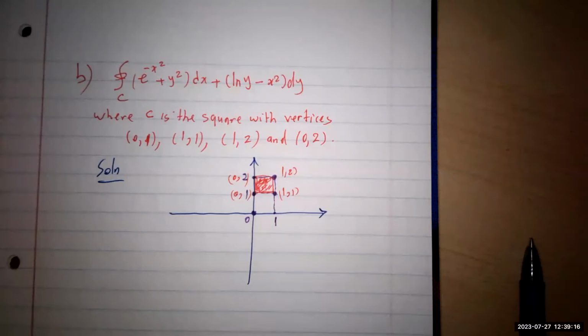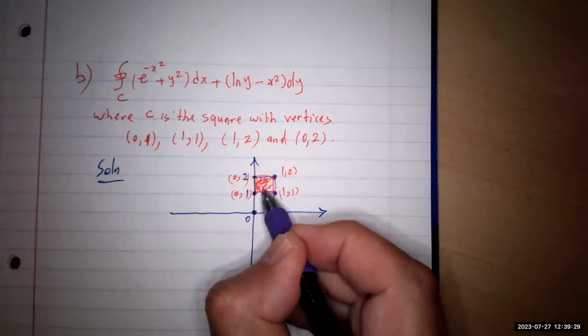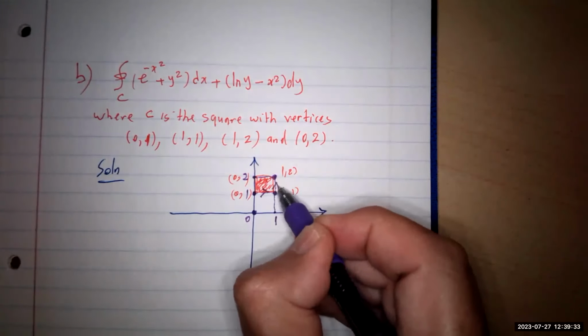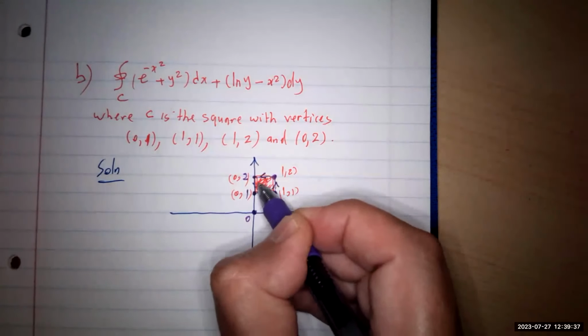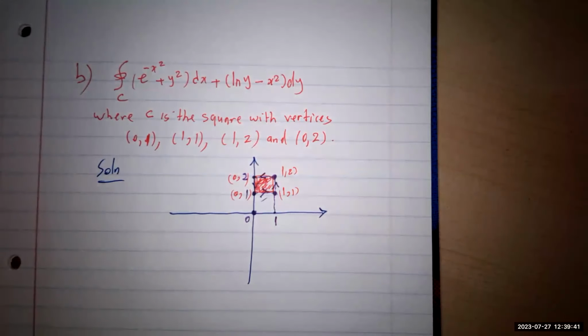The points inside and around make up the square. The curve is going to be oriented counterclockwise. The curve is this one. Start from this point, then you go up. So it is going to be a closed curve, positively oriented.